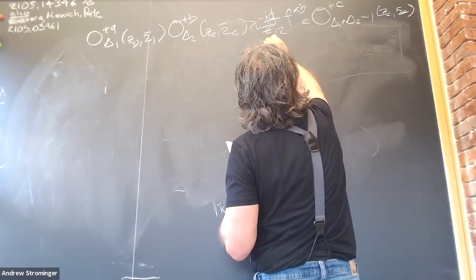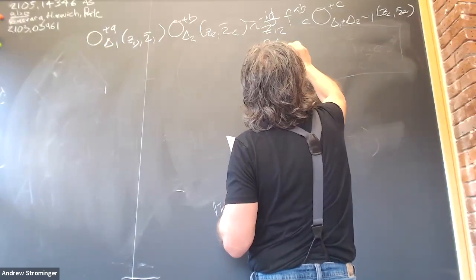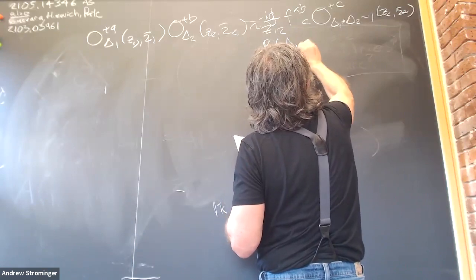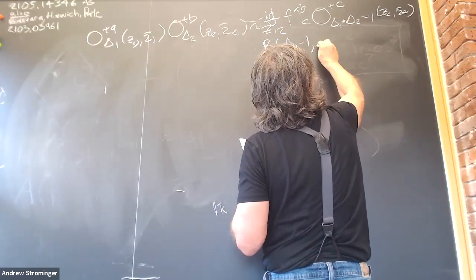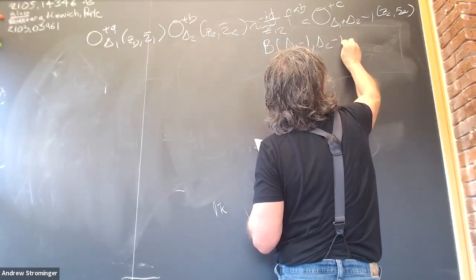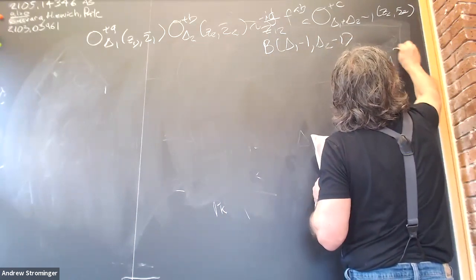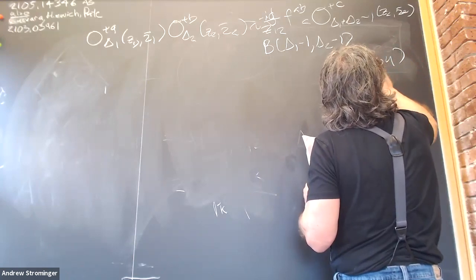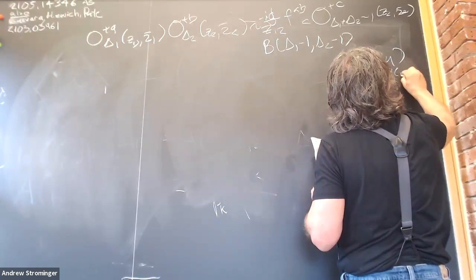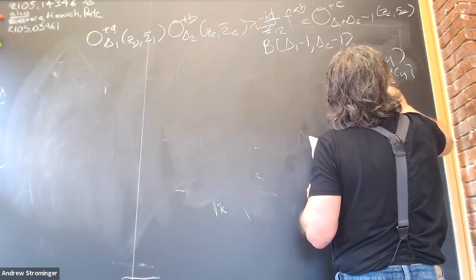And then there's a constant here, which is the Euler beta function, beta of delta 1 minus 1, delta 2 minus 1, where I remind you that beta of x, y is equal to gamma of x, gamma of y over gamma of x plus y.